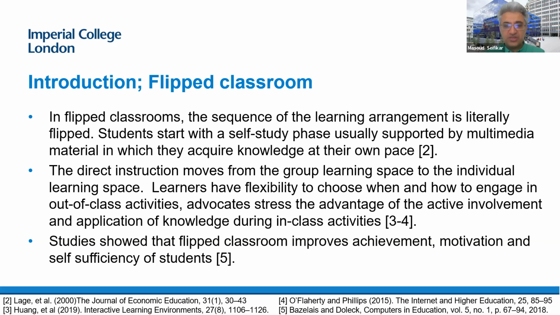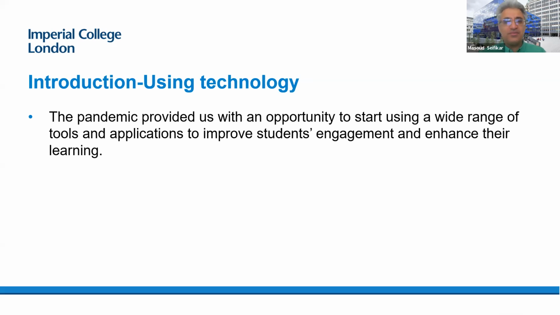There are numerous studies that show that flipped learning classrooms improve achievement, motivation, and also self-sufficiency of students. On the other hand, during the pandemic, we all used a wide range of tools, and we are now more eager to use these tools.